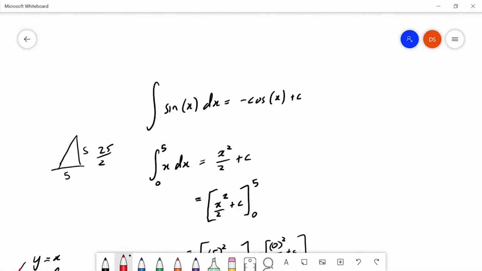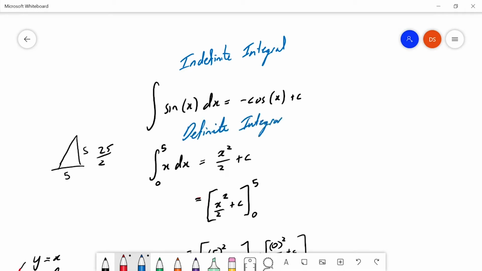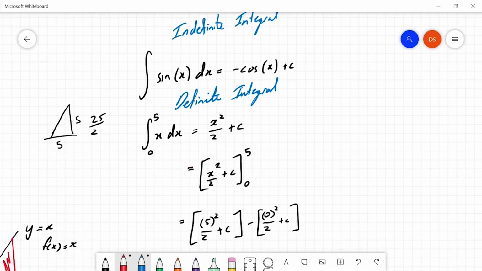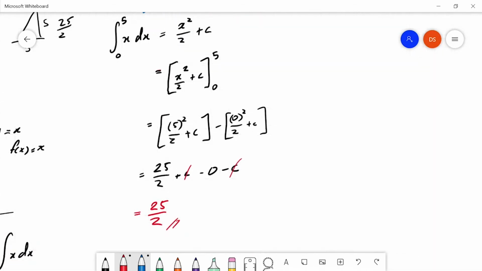What I'd done up to here was indefinite integrals. Let me label that. This is an indefinite integral. And this is a definite integral. And so, a definite integral always has the c's cancelling.